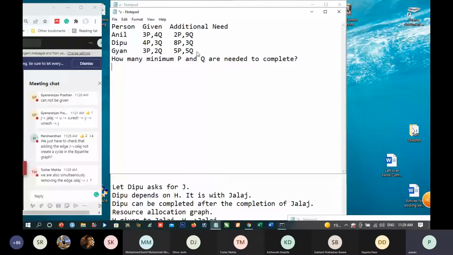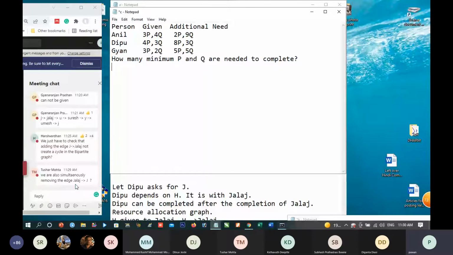No, why are we removing the edge? Yes, Tushar is fully correct. We put a hypothetical edge, and if it does not give rise to a cycle, we allot the resource. And if it gives rise to a cycle, then we remove this edge.